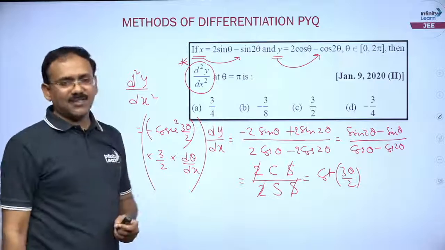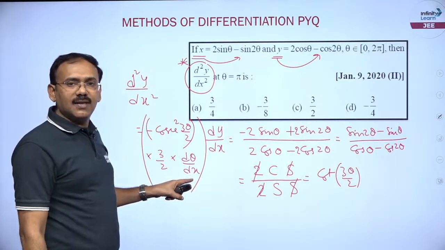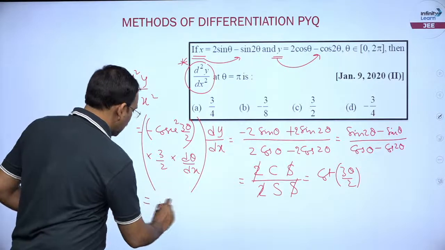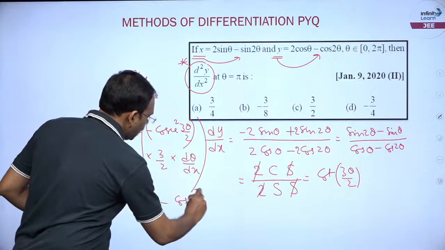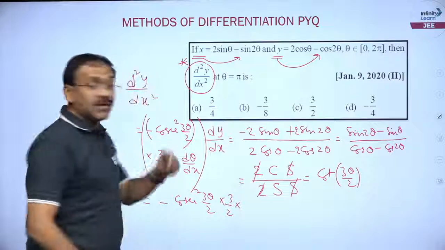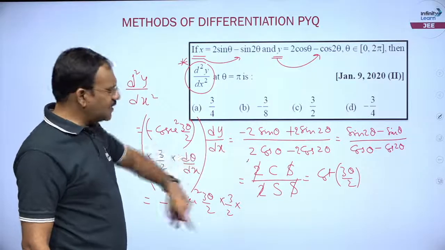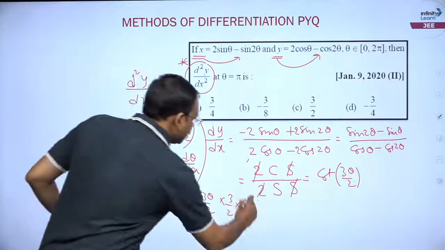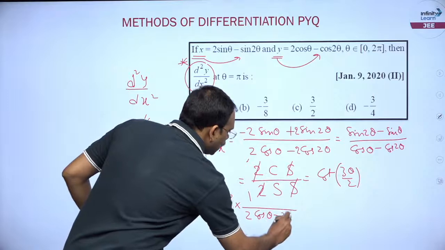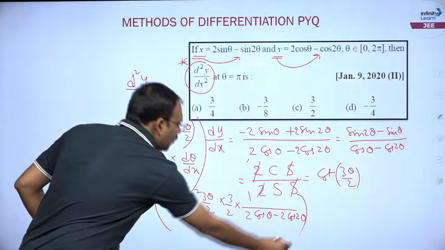This is your answer. If you confuse here in writing d theta by dx, Jai Hind, so be careful. So this is friends minus cosecant square 3 theta by 2 into 3 by 2, from where will you get d theta by dx? Here you have written dx by d theta, it is reciprocal only, that is 1 by 2 cos theta minus 2 cos 2 theta. Yes, this is going to be the derivative, my dear friends.